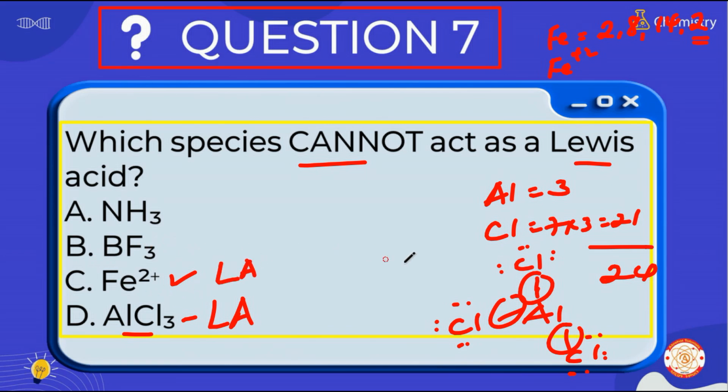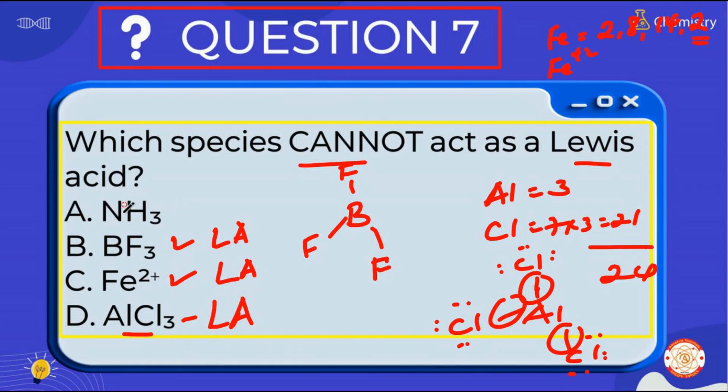Boron trifluoride, same as this example or this choice, right? Therefore, boron trifluoride has only 6 electrons around the central atom. Therefore, it is an example of less than octet, or it's deficient in electrons, so it is an example of a Lewis acid.